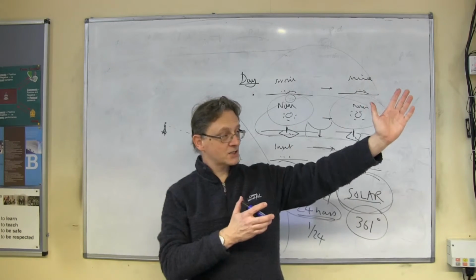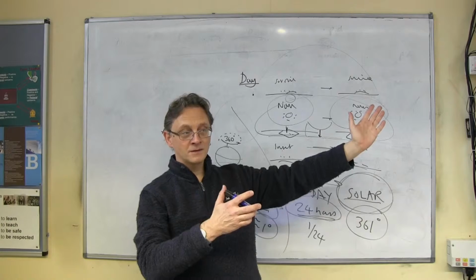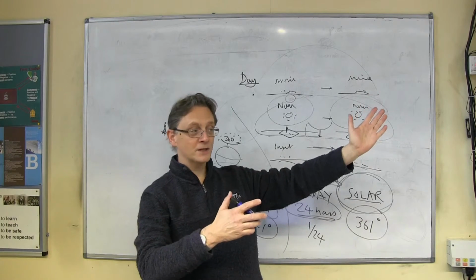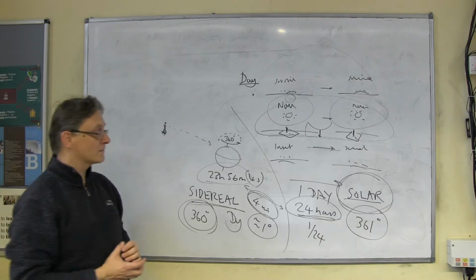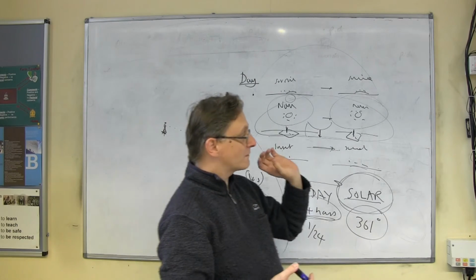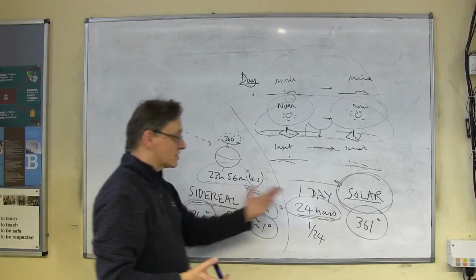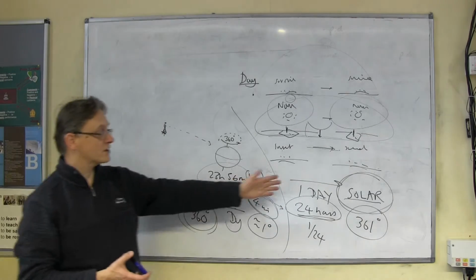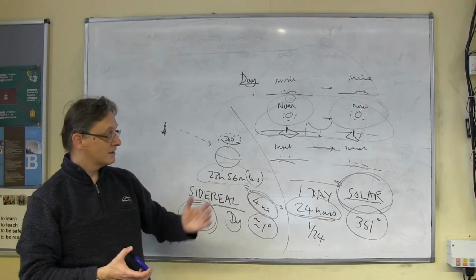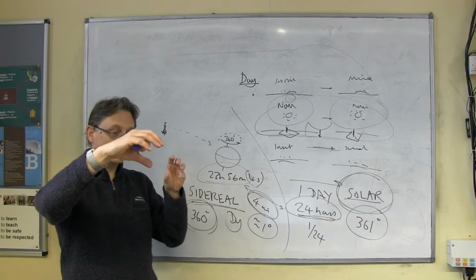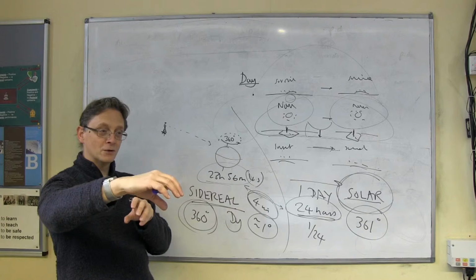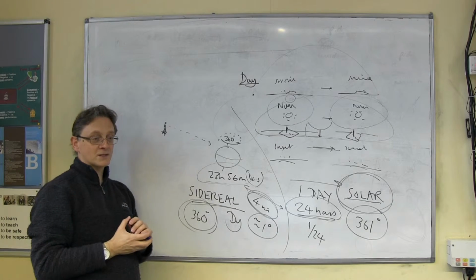Because it appears that the sun has moved by 1 degree, because the Earth is moving around the sun. Good way to think about it, if the Earth didn't go around the sun, these two would be the same. If you were surprised to find these two things aren't the same, it's because you're just thinking of the Earth and the sun as fixed. You've got to factor in the fact that the Earth moves slightly compared to the sun.